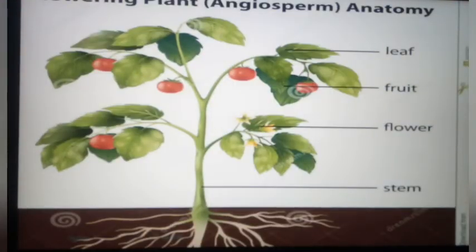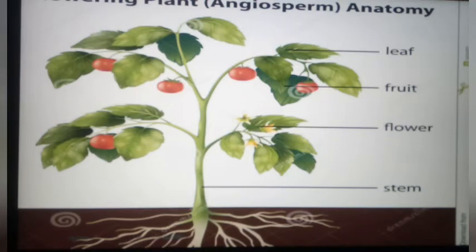Now as you can see on the screen, one plant picture is given. Here we can see leaf, fruit, flower, stem. Almost every plant contains all these things: leaf, fruit, flower and stem. And one more thing is there, root.